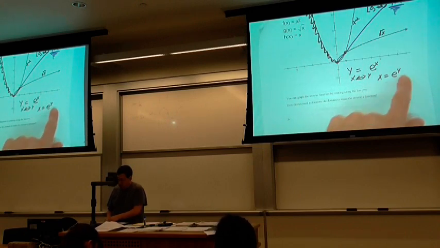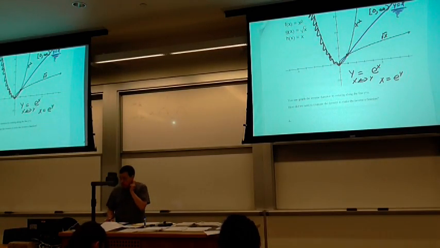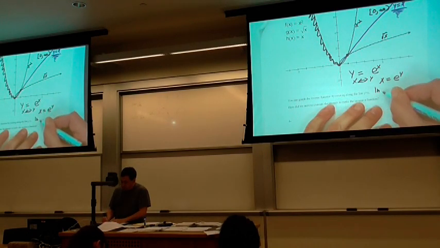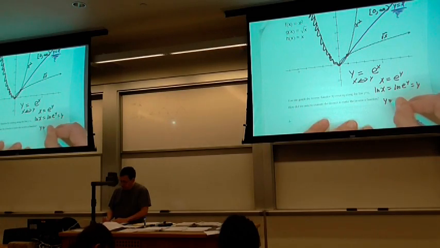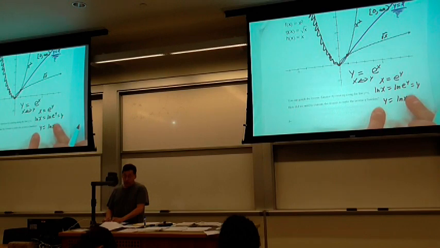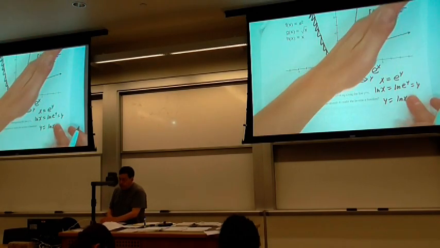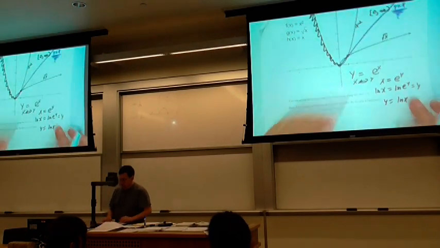Does anyone know how to solve for y here? Yeah. Log, find the log of both sides. So we have the natural log of x equals the natural log of e to the y, which is just y. So I have y equals the log of x. And if I graph these two functions, I will see that they're mirror images of each other along this line y equals x.